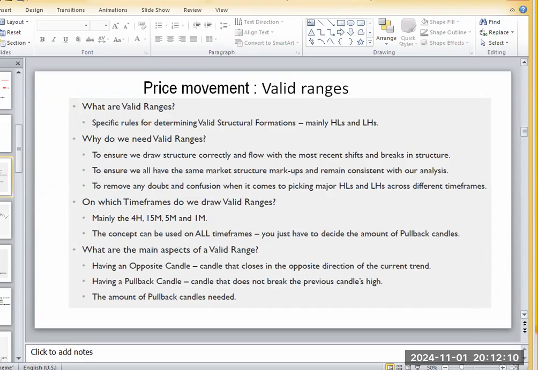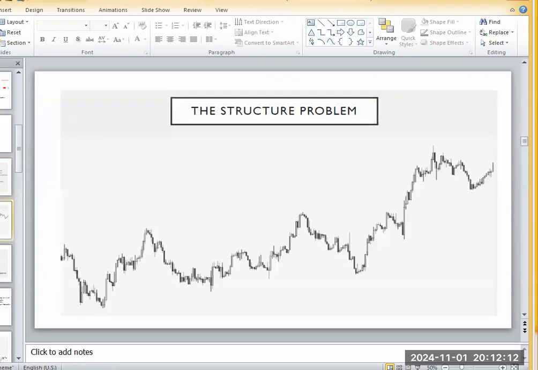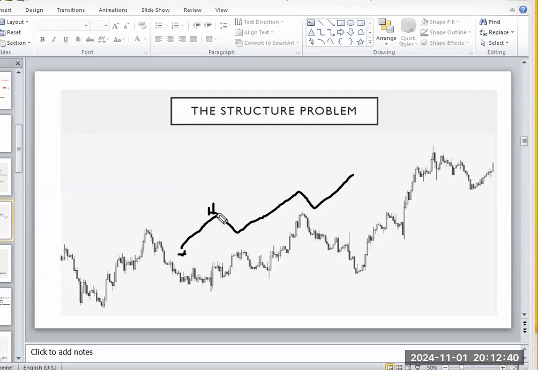All we're saying for valid ranges is that we know that the market moves in certain directions, okay? So let me use a black color here. When price is moving up, it starts from a point here, and this is a high.